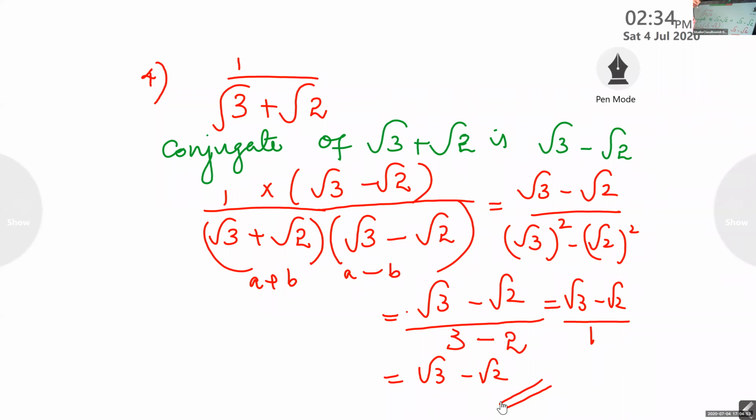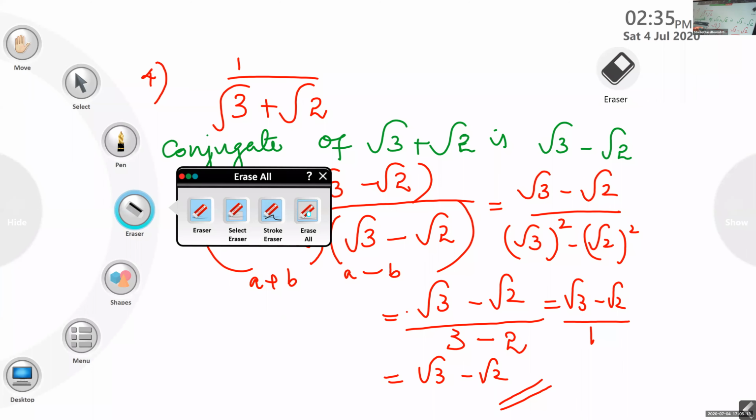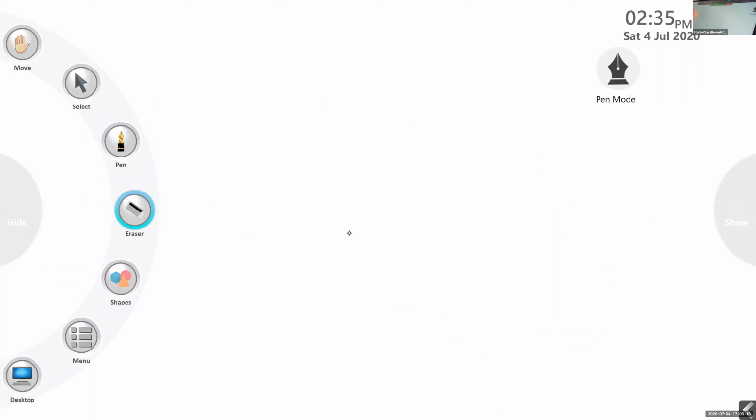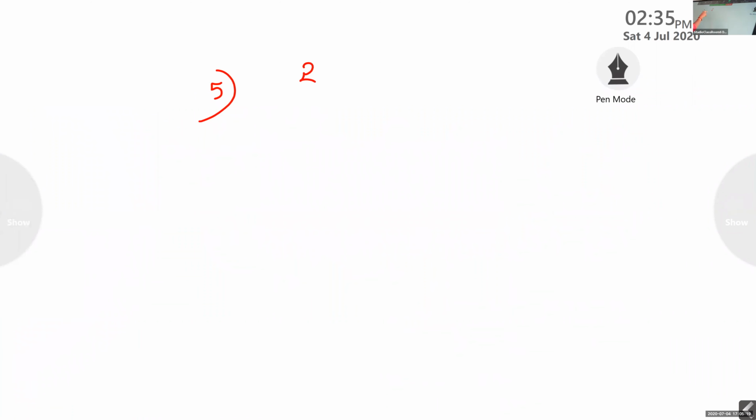Okay, Surya? Shall I give you one more question? Yes, ma'am. Okay, question number 5 is 2 by root 2 plus root 7.